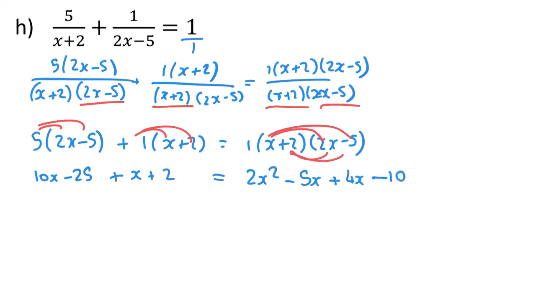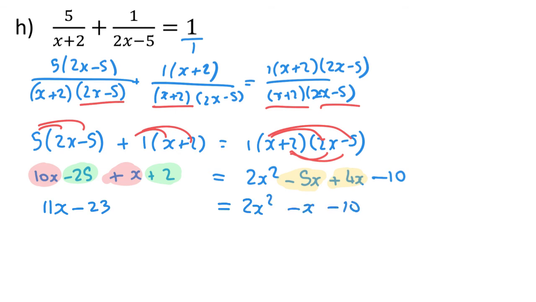If we collect like terms, so on the left we've got 10x plus an x, and we've also got a minus 25 and a 2, and on the right hand side we've got minus 5x and plus 4. So that's going to have 10x plus x is 11x, minus 25 plus 2 is minus 23, and that's 2x squared minus x minus 10.